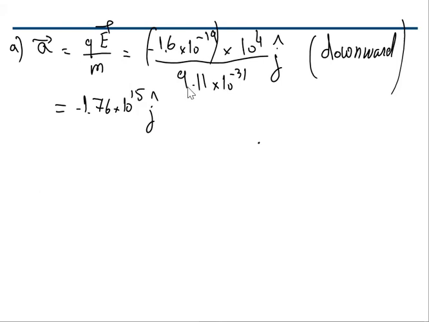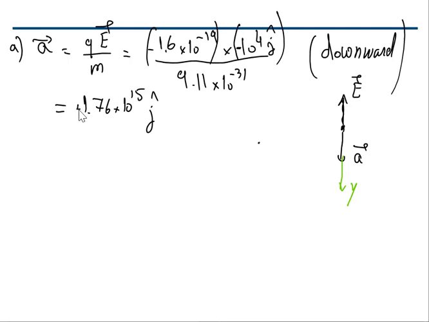There is something missing. We missed a step. The electric field E is upward. The acceleration is downward. The positive direction is downward. So the electric field must be minus. Good.